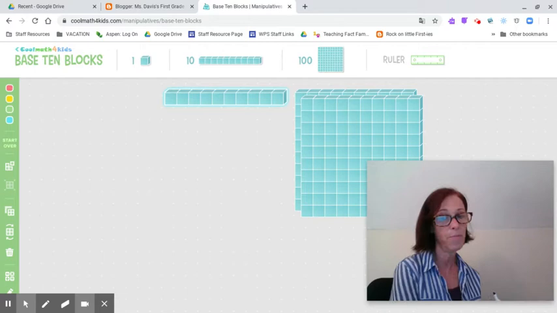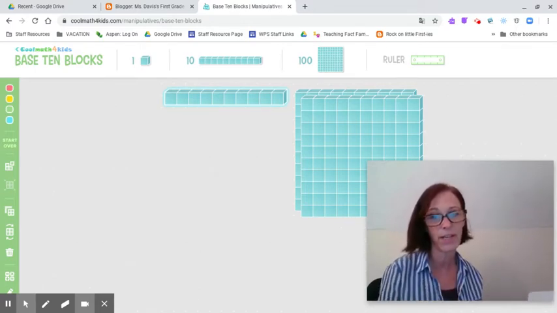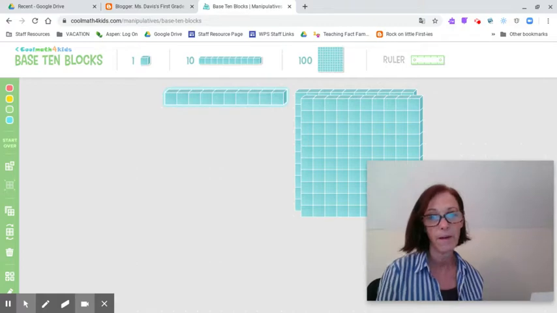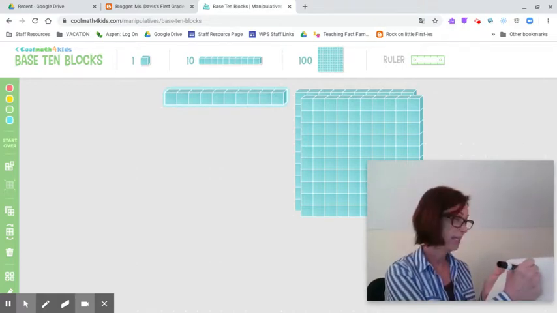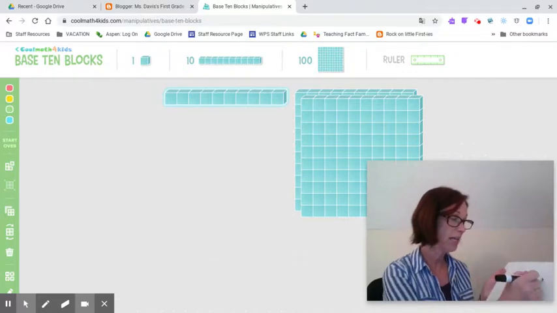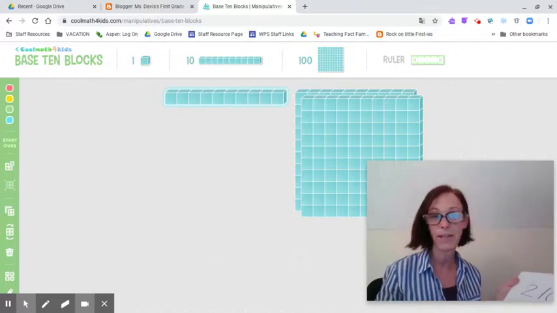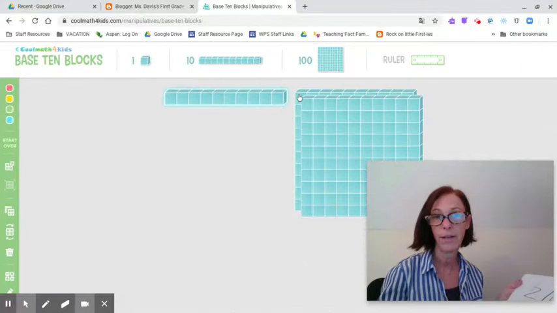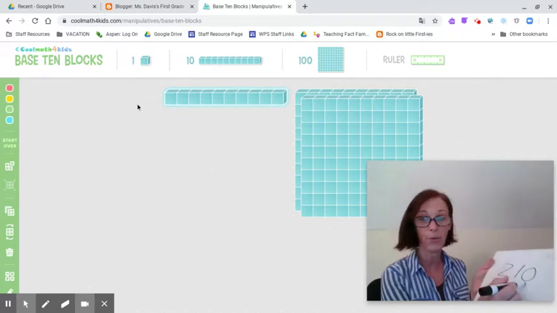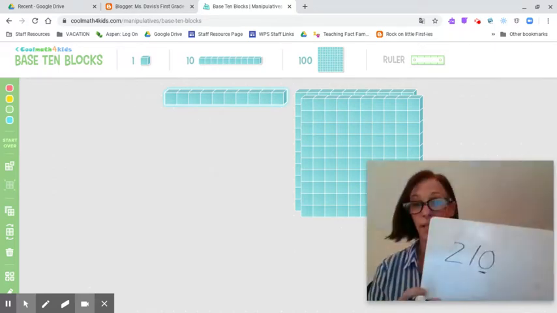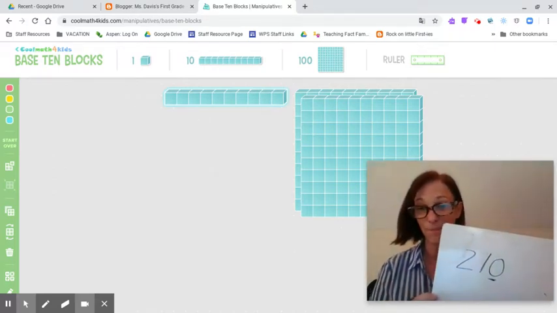I always read it with the biggest place value first, and we've got the hundreds right here. Did you say 210? Yes, you were right, because here's 100, 200, 10, and 0 ones. So that is 210.